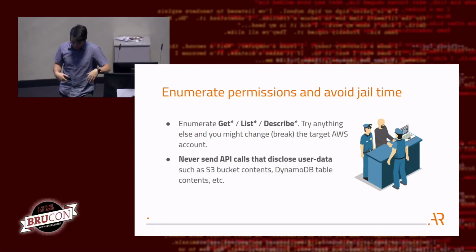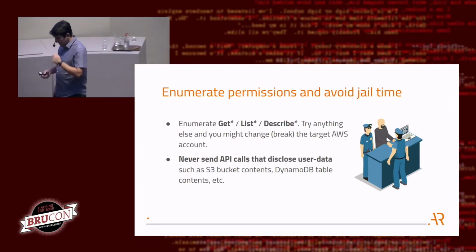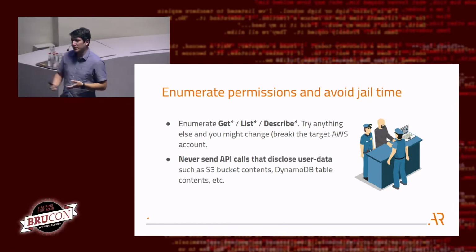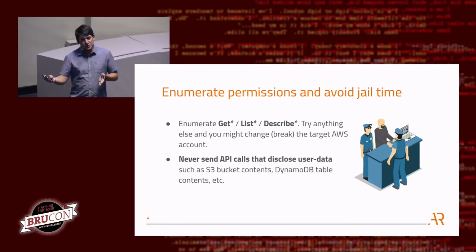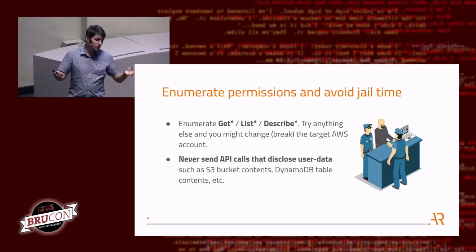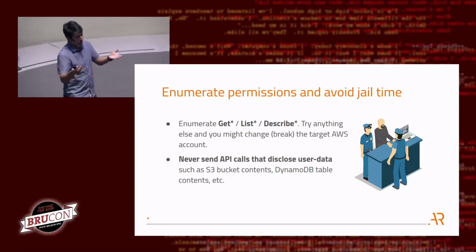Also, something else is that in AWS, by calling the AWS APIs, you can read information about a service or read information stored in that service. Let me give you an example. S3.